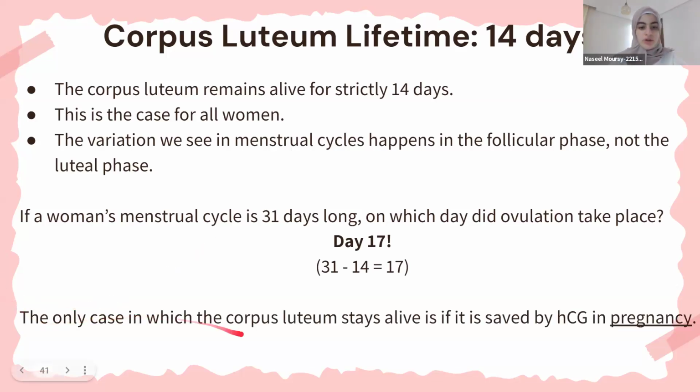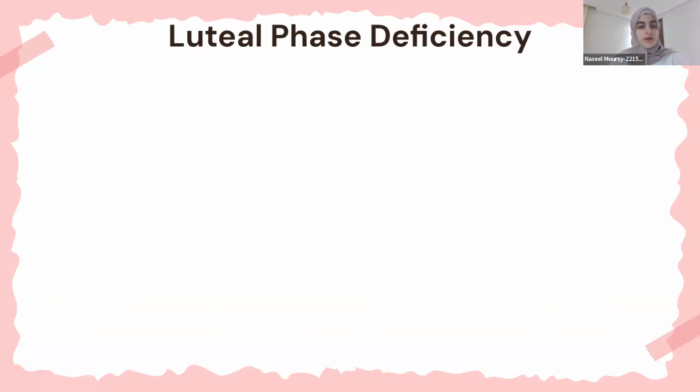Now, again, the only case in which the corpus luteum stays alive is if it is saved by HCG in pregnancy. All right. So this is basically everything about the ovarian cycle. However, we're not done. Okay. We will talk about two clinical things very soon. All right.